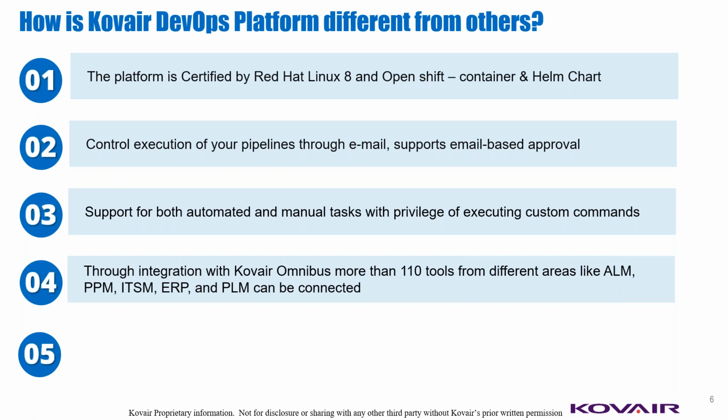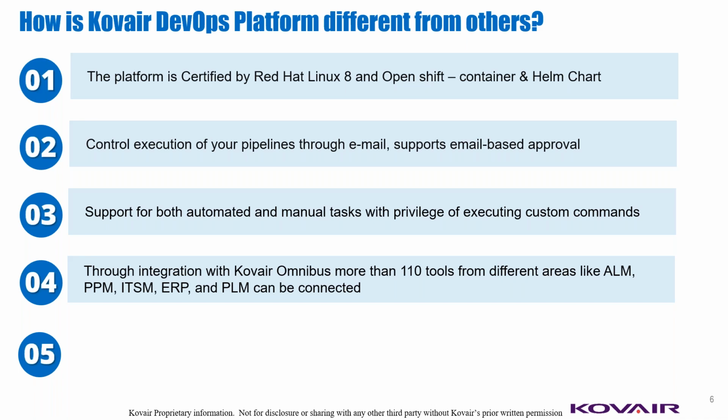Now, since Kovair DevOps is a platform from Kovair, and Kovair itself has an ESB, we call it iPaaS, with 100 tools, these two platforms are very well connected, and this gives an immense power to an organization to manage the data from the requirement gathering from various tools, then performing the coding, testing, releases, deployment, and monitoring.